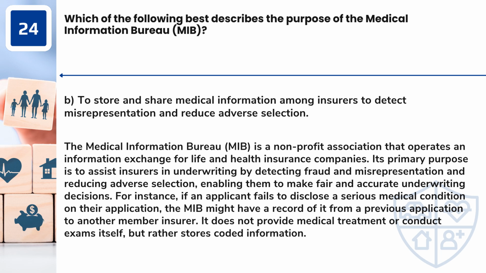For instance, if an applicant fails to disclose a serious medical condition on their application, the MIB might have a record of it from a previous application to another member insurer. It does not provide medical treatment or conduct exams itself, but rather stores coded information.